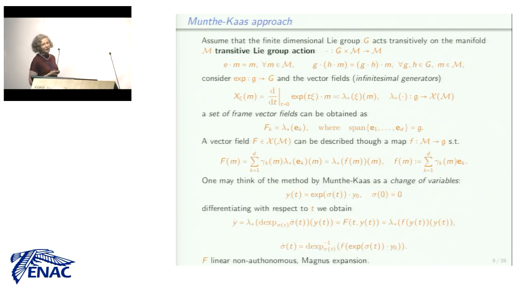And one way to look at his approach or his methods is simply as a change of variables. So now, as I announced before, you use the Lie group action in order to represent the solution on the manifold.